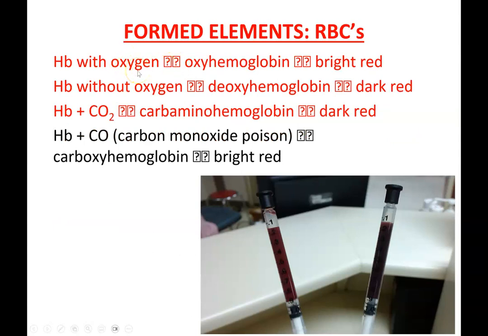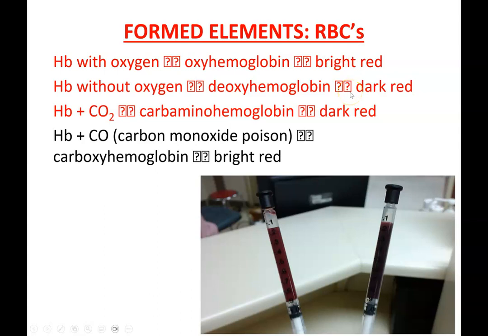Hemoglobin, when it is bound to oxygen, turns a bright red color and is called oxyhemoglobin. Hemoglobin without oxygen has a dull, dark red shade and is called deoxyhemoglobin. Hemoglobin bound to carbon dioxide is called carbaminohemoglobin, and it also has a dark red color.